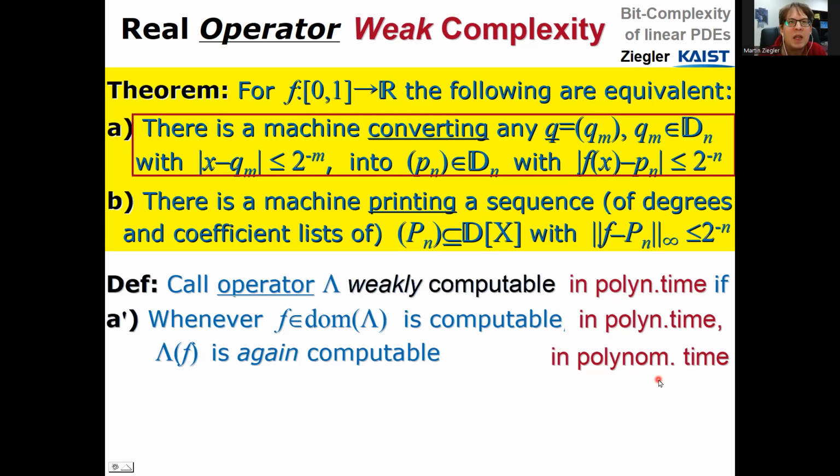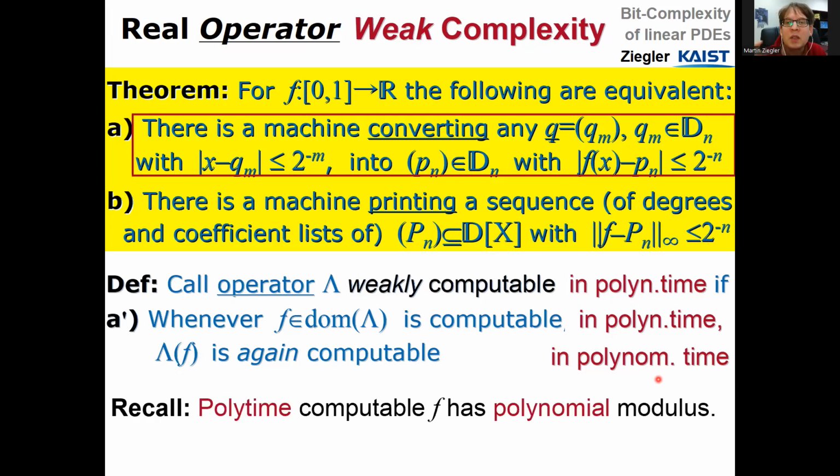So this is now finally our definition of weak operator complexity, polynomial time complexity, which we're going to investigate in the setting of applying to operators like maximization, integration, solving ordinary and partial differential equations in order to understand our result characterizing the computational complexity of linear partial differential equations.